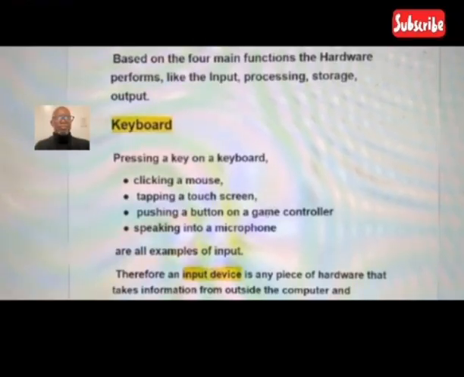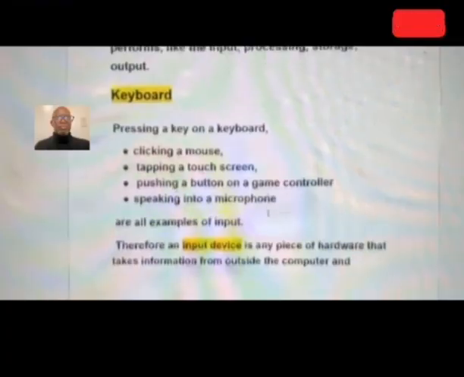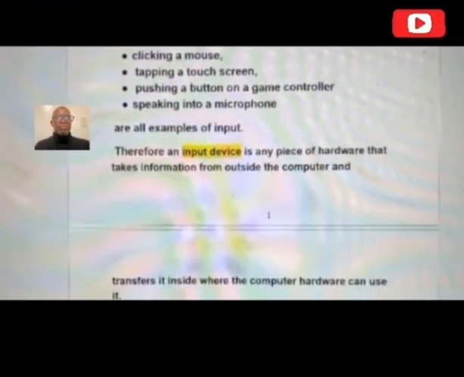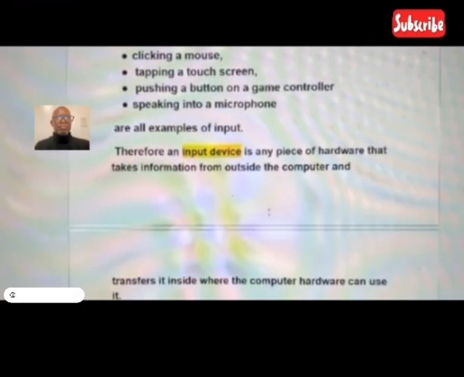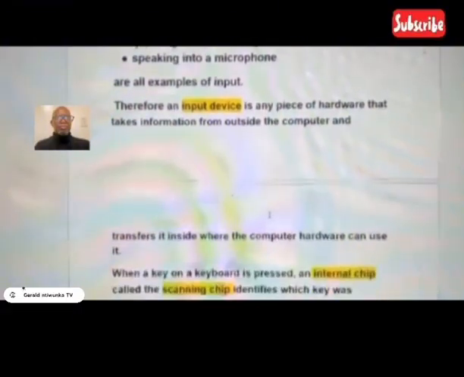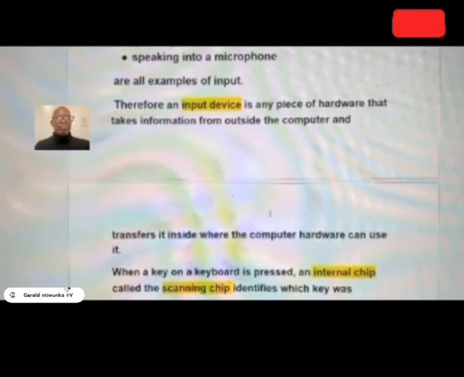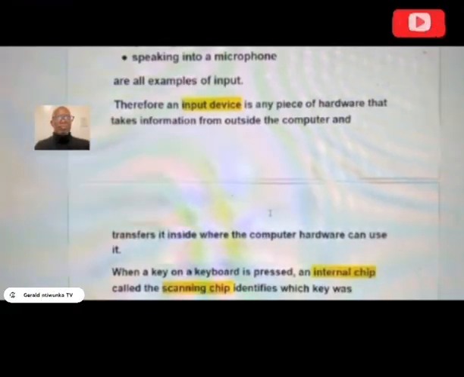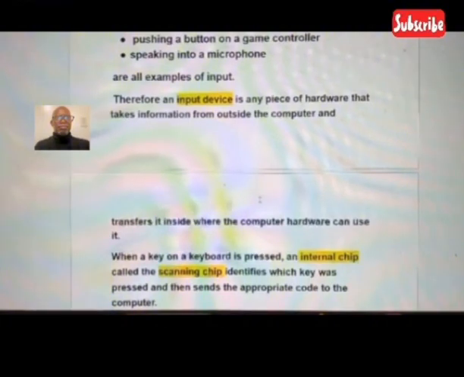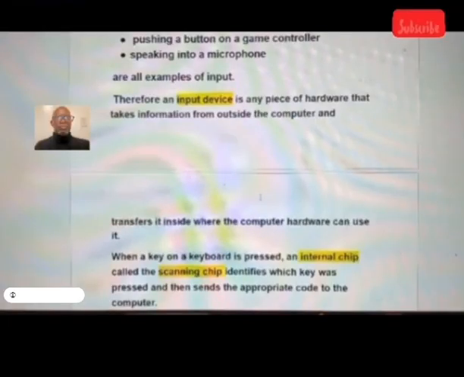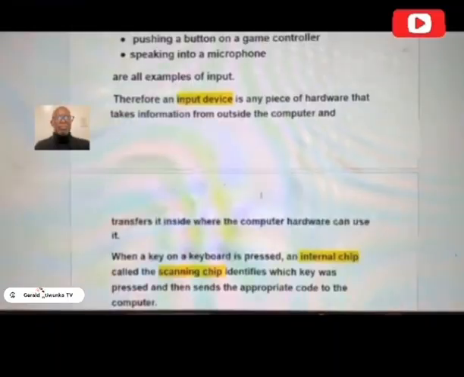Then that is from outside the computer, and then we transfer that input inside the computer where the hardware that is inside the computer can use it. When a key on a keyboard is pressed, that is how it works. There is an internal chip, and this internal chip is called a scanning chip. This scanning chip identifies which key you pressed, and then it will send the appropriate code to the computer.